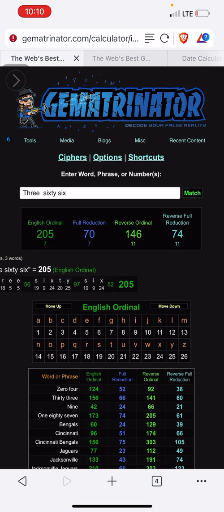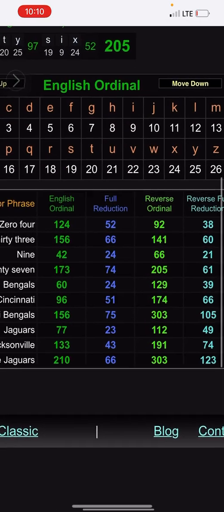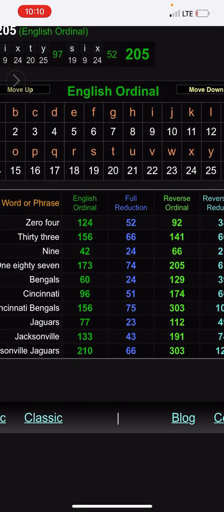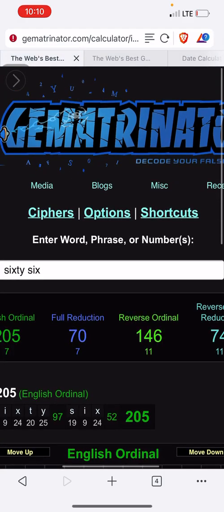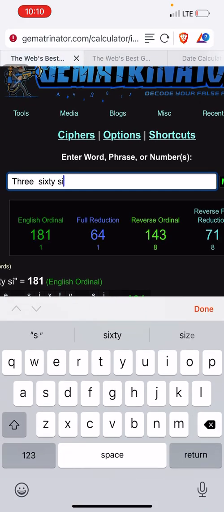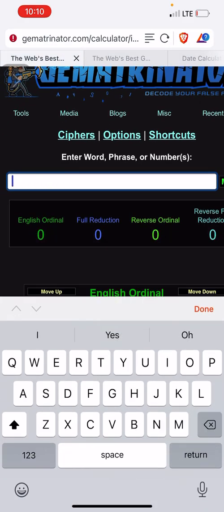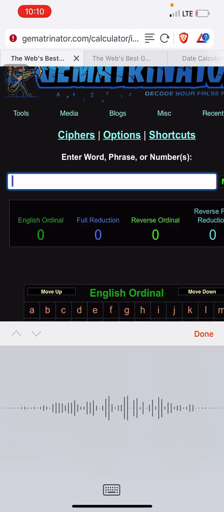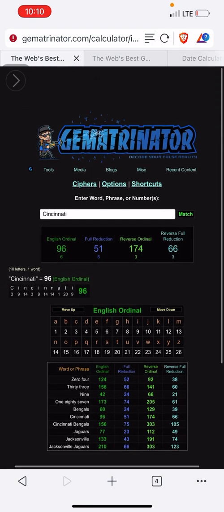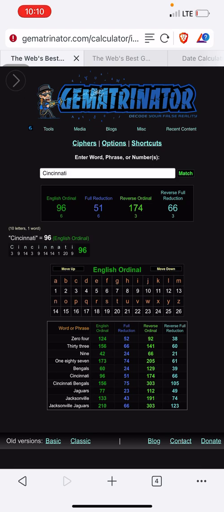Well, look at the gematria parts. If you look over here, Cincinnati. Let's just type it on the screen. So Cincinnati is 174, right?